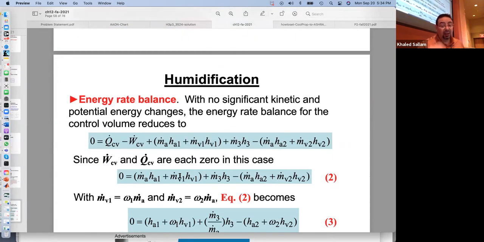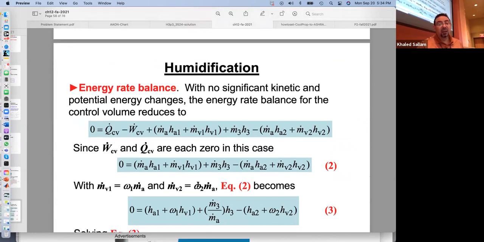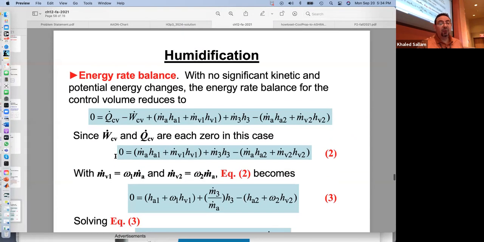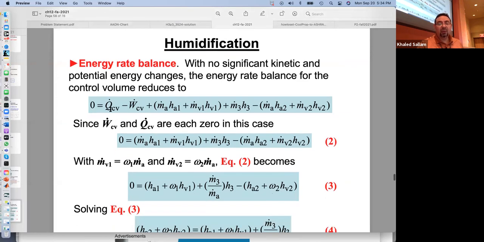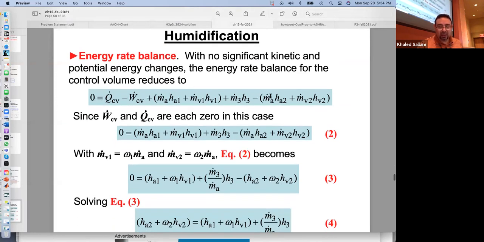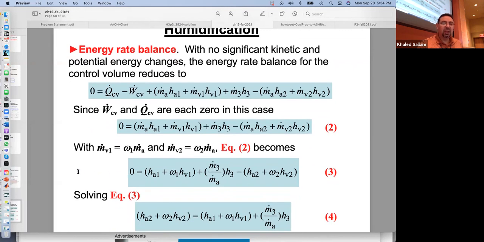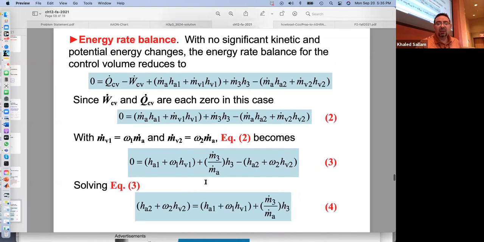Now for the energy equation, right? Again, I don't like it this way. I would start from here. I would write my equation like this. I would say Q minus W equals, and of course, Q is 0 and W equals 0. And then I would say what is out minus what's in.